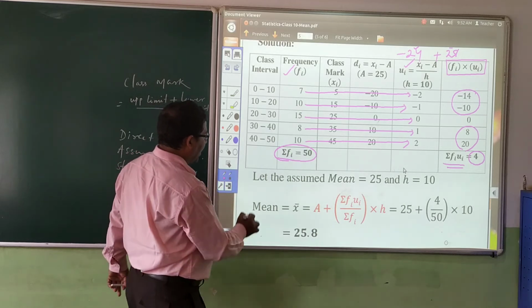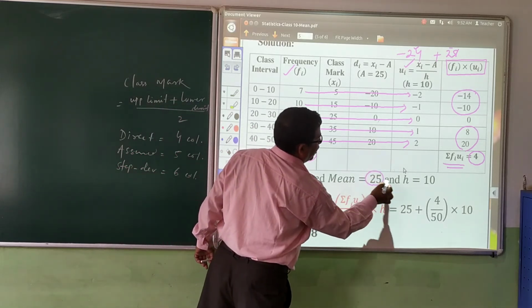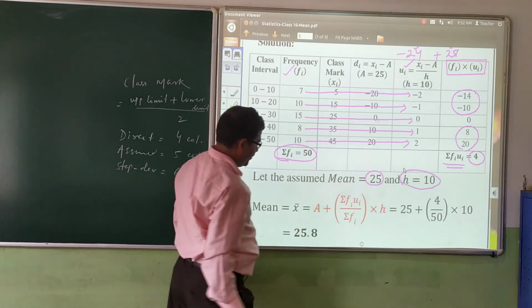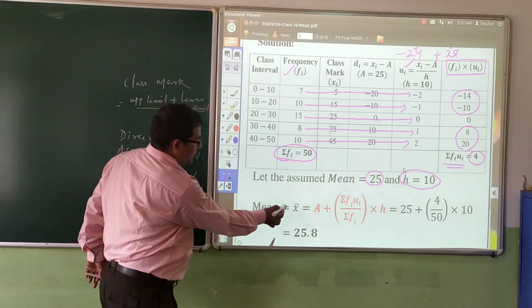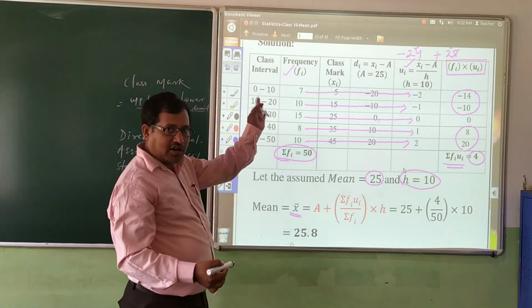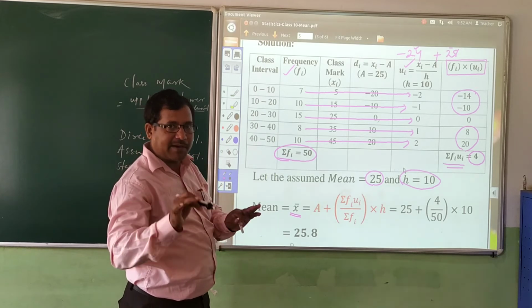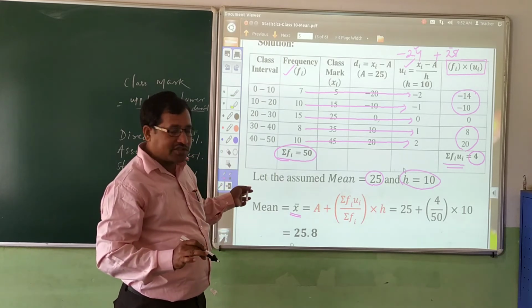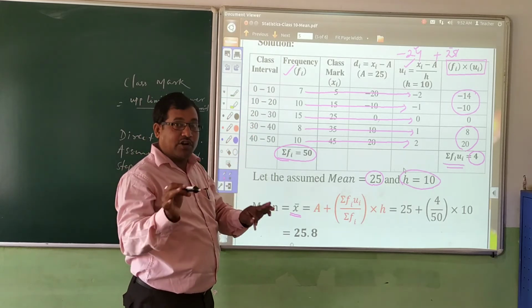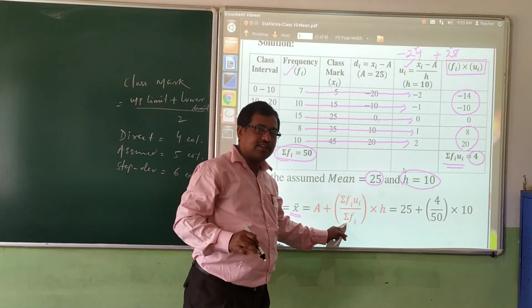Now look at the formula. I have already told you that the assumed mean a equal to 25 and h equal to 10. So mean x bar equal to, this is a new formula for you. Compare: direct formula, sigma fi xi by sigma fi. Assumed mean, a plus sigma fi di by sigma fi.